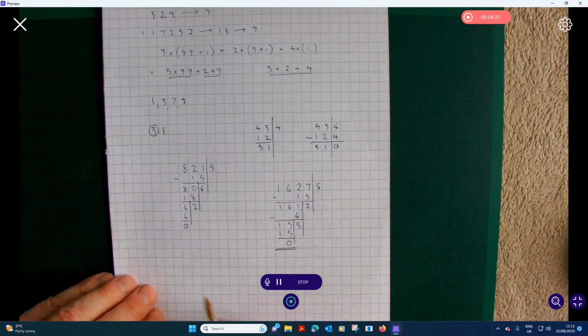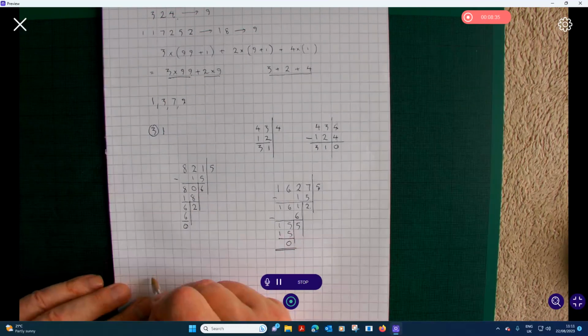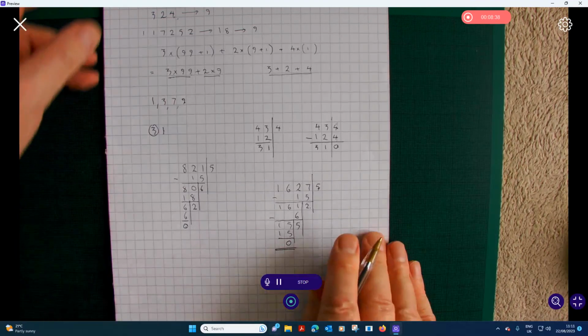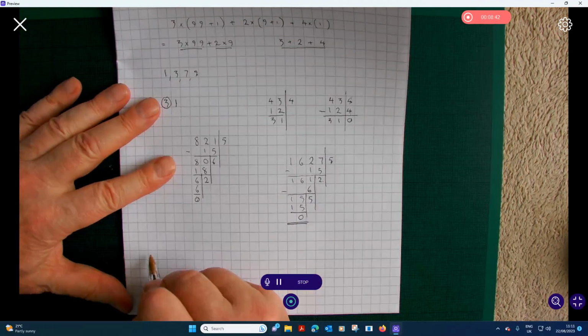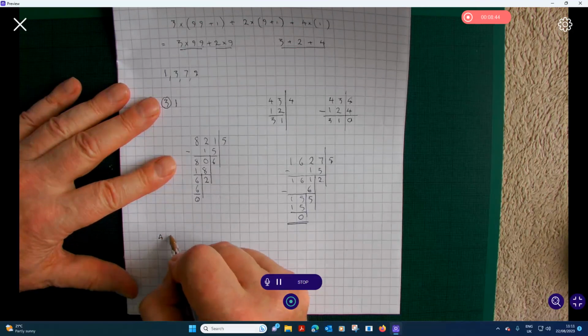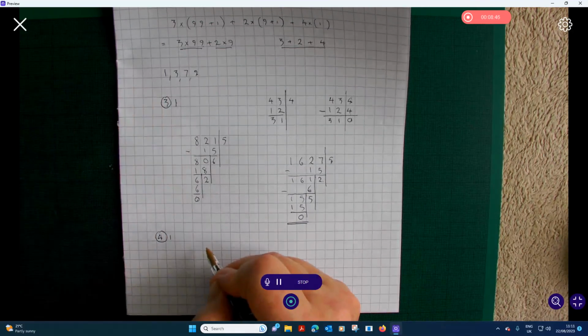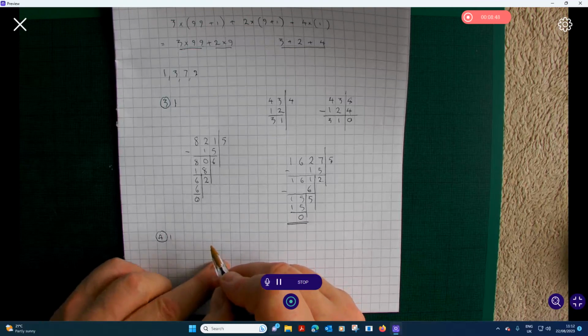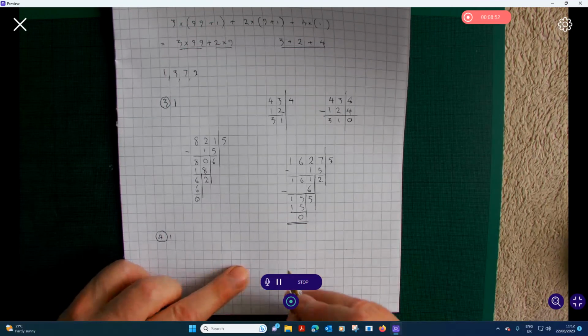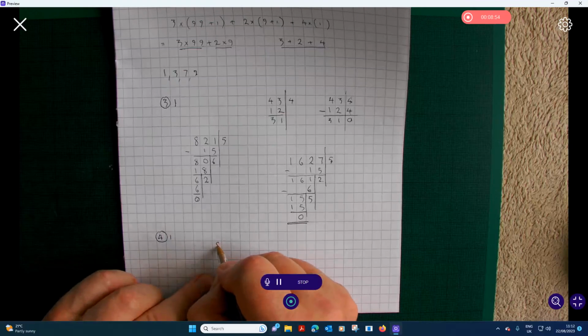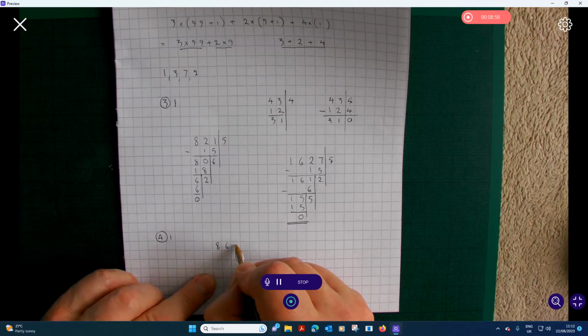But what about 41? Well, in this case, the operator is going to be 4. And I'm going to take the number 8692, ask myself, is that divisible by 41?